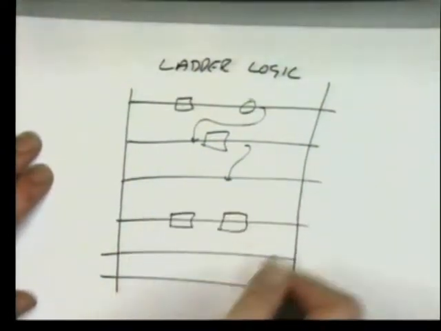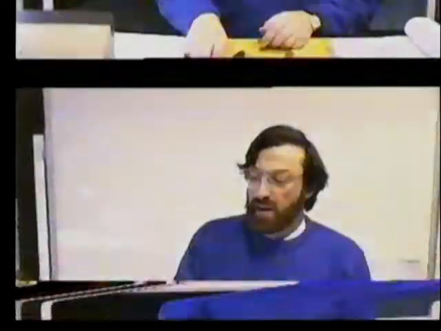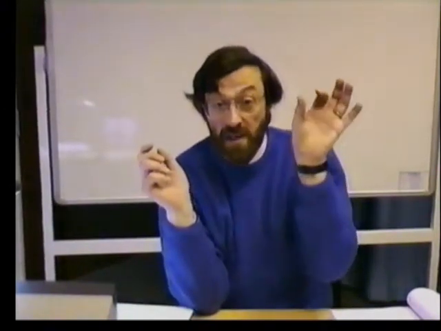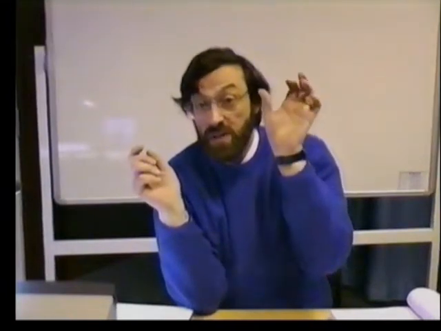And it was in fact drawings such as this. You literally drew a ladder, you drew the lines which they called the rungs, rung 1, rung 2, rung 3, rung 4, and along the rungs they drew, in fact it was a graphics language, symbols that represented valves, solenoids, relays, and how they were interconnected.